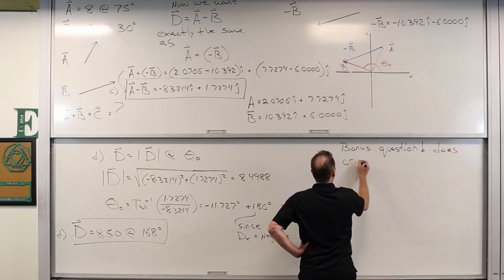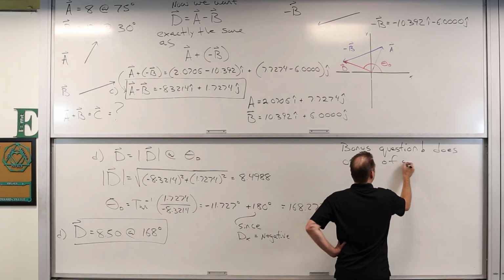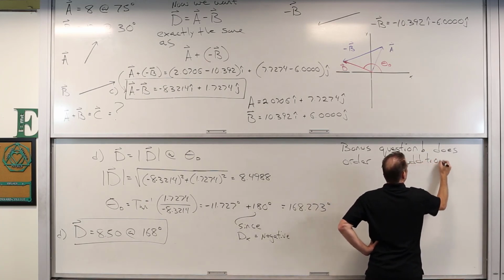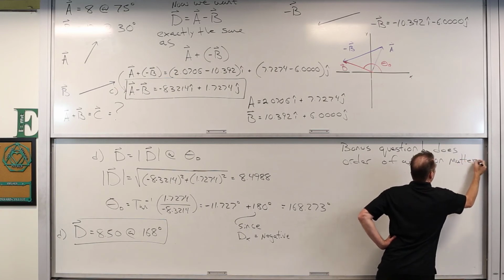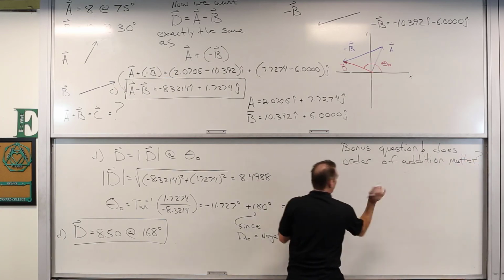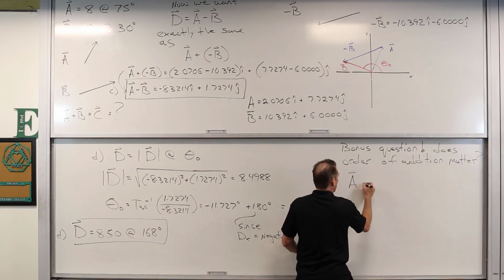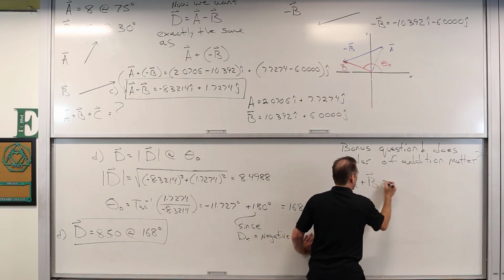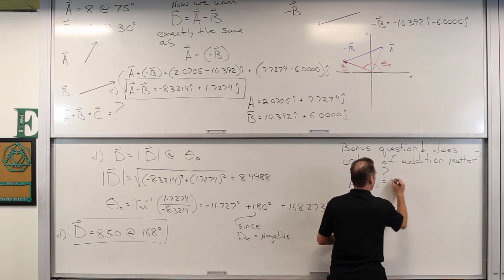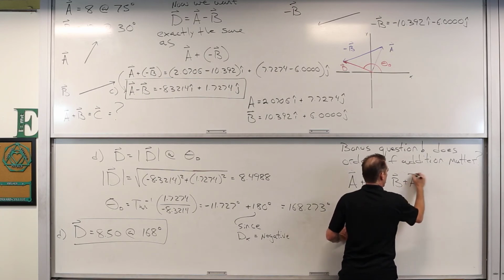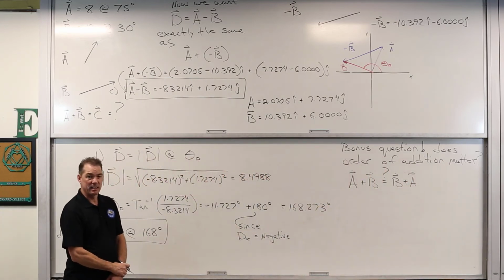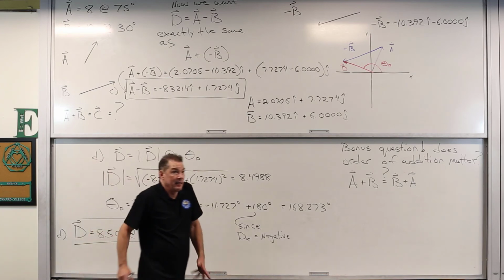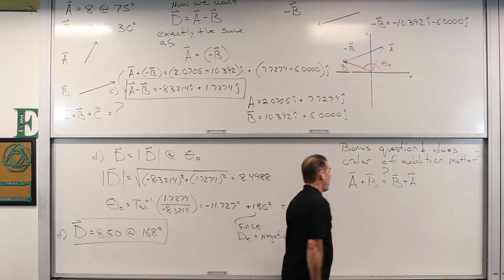Does order of addition matter? So here's the question: is A hat plus B hat the same thing as B hat plus A hat? Well, think about it. All we're doing is adding x components to x components, y components to y components.